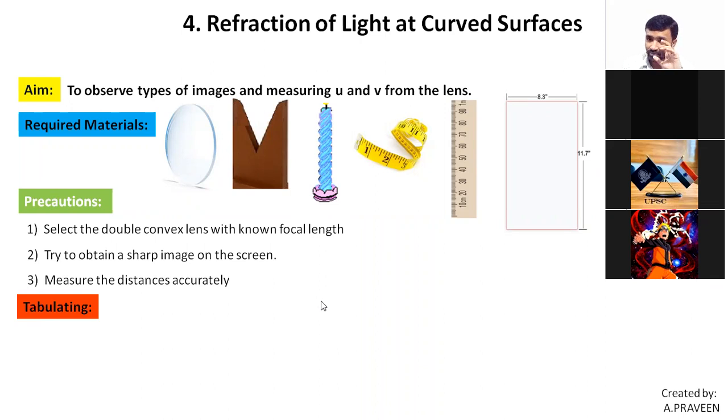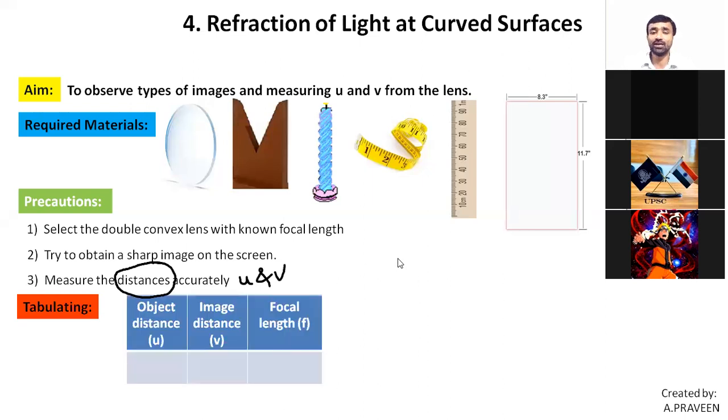Then the observations are noted in the table, because I am going to measure the distances: object distance and image distance, u and v. I need to tabulate that. That means notice those values in the table, right? So the table is like this.